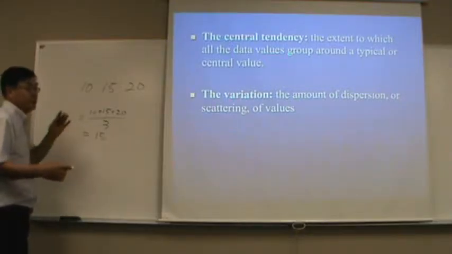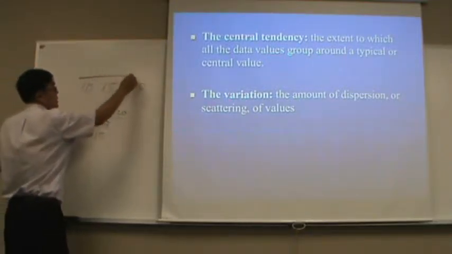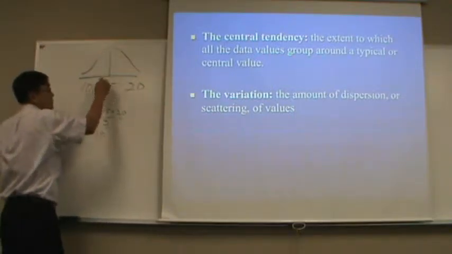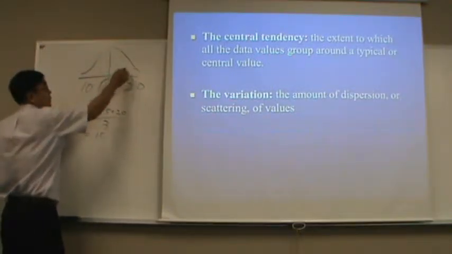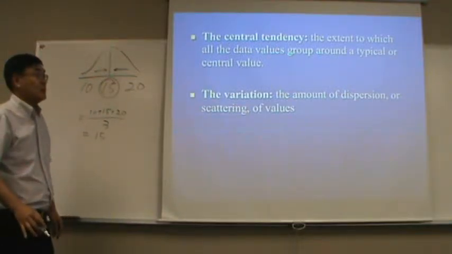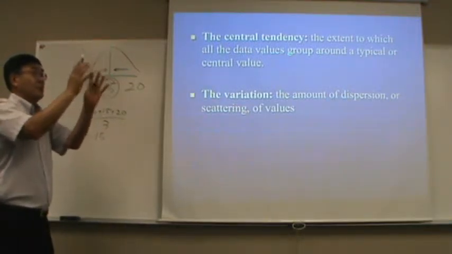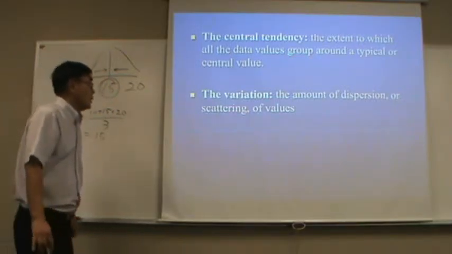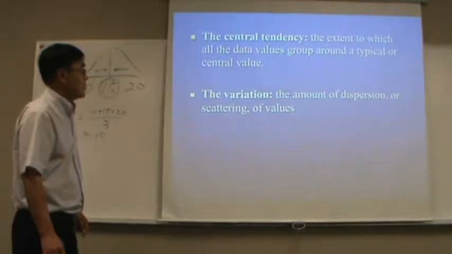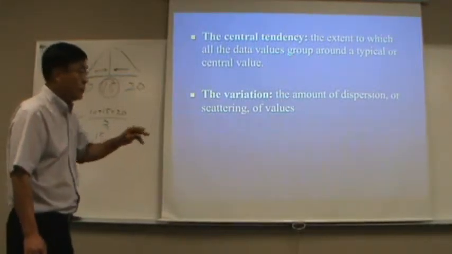If I draw out this data set on a graph, 15 is here, so that is the central tendency, like a midpoint. The variation is the amount of dispersion or scattering of values.